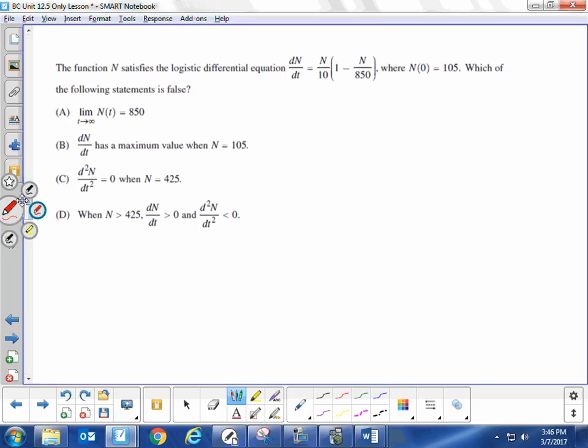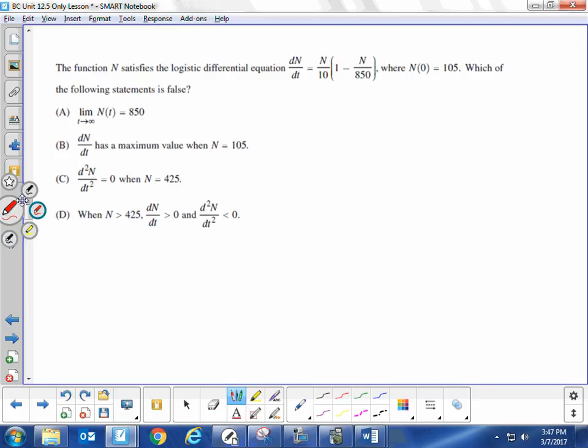Here's another problem. The function N satisfies the logistic differential equation dN/dt. So we're not using P, we're using N, which is equal to N over 10 times 1 minus N over 850, where N of 0 is equal to 1 over 5. It's important to at least know that you are underneath your carrying capacity. Which of the following statements is false? And we have multiple statements.